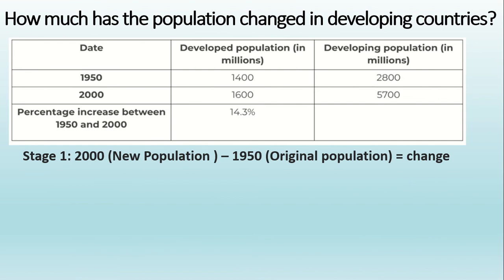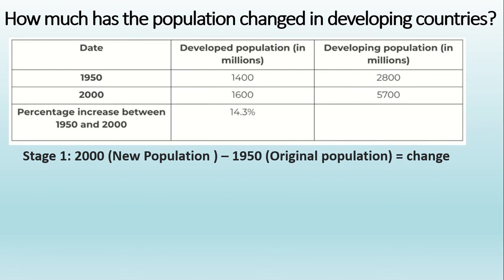Okay, we're going to move on. We're going to have another go at doing this, but this time you're going to do it with me. We're going to do exactly the same that we've just done, but for developing populations. We're going to be working out the percentage increase for the developing population between 1950 and 2000.